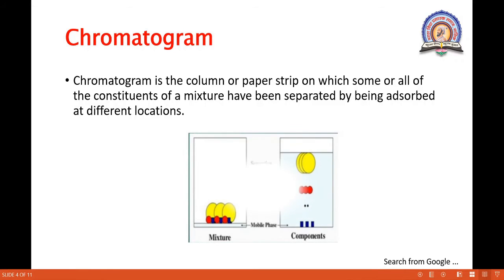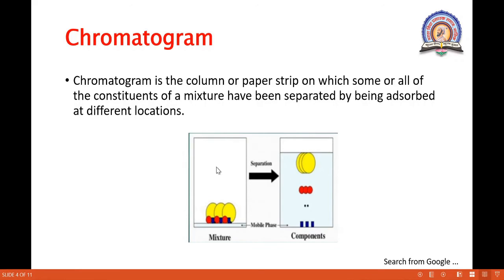So we see this figure, then the idea gets clear about this chromatogram. Here a paper is there, and this paper is nothing but a stationary phase. On that paper, we apply a mixture. This mixture consists of three samples. Yellow, red and blue color components are present in this mixture.